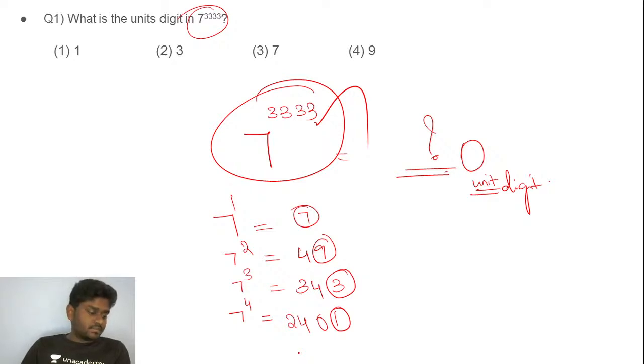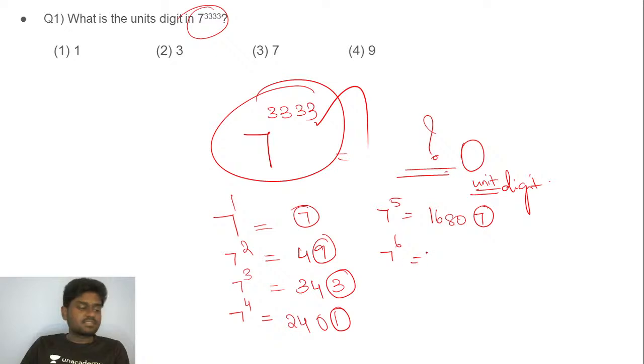So if that is the case, then I'll go for 7 power 5. What's going to be the value for 7 power 5? 7 power 5 will give you 16,807. So again, you got the unit digit to be 7.